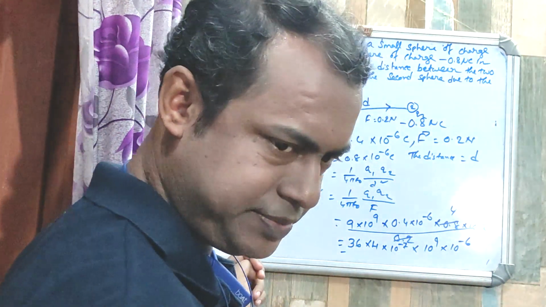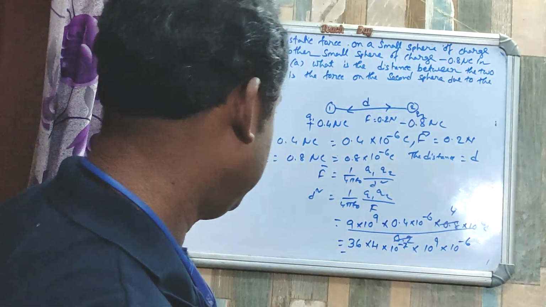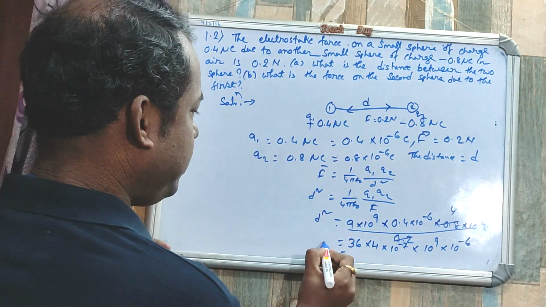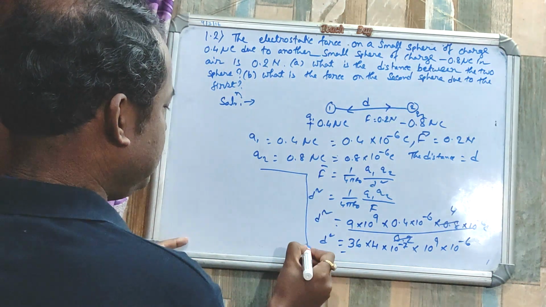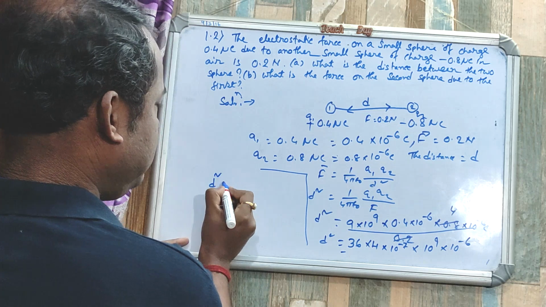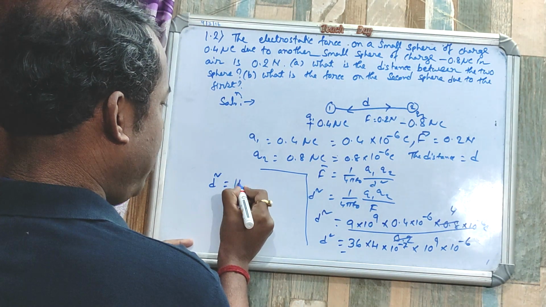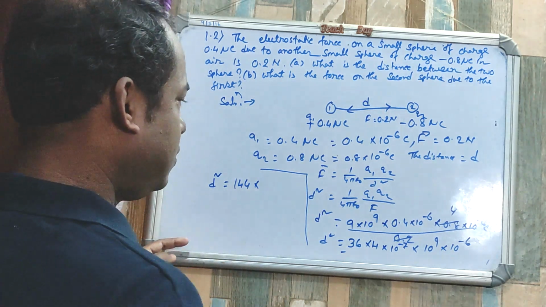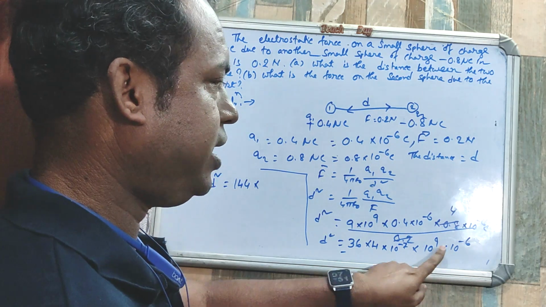So we write here, all this is d square. So d square equals 36 into 4, that is 144.